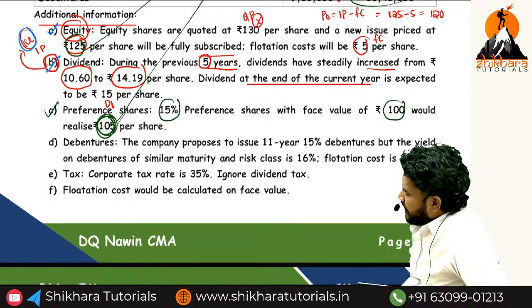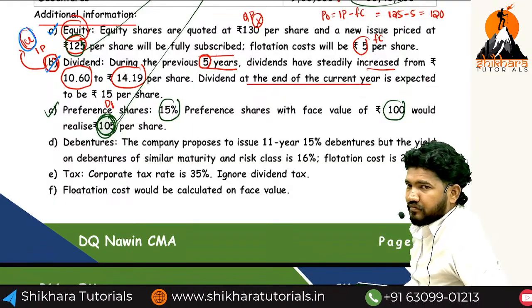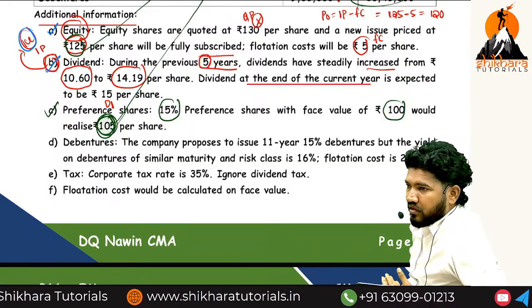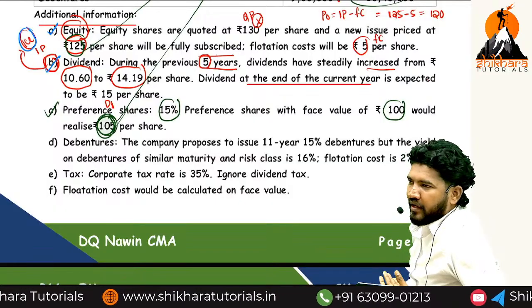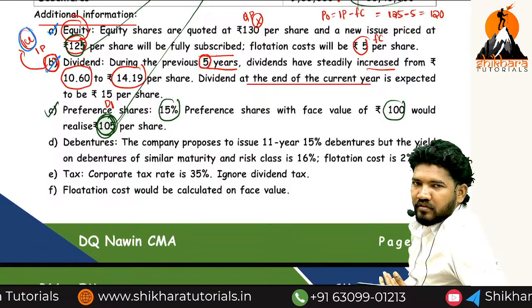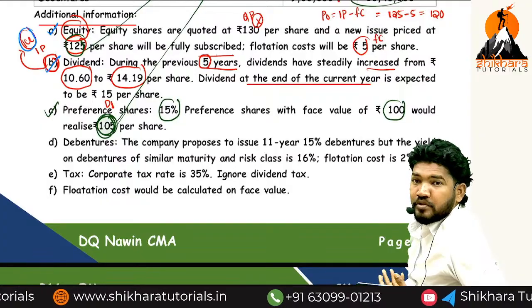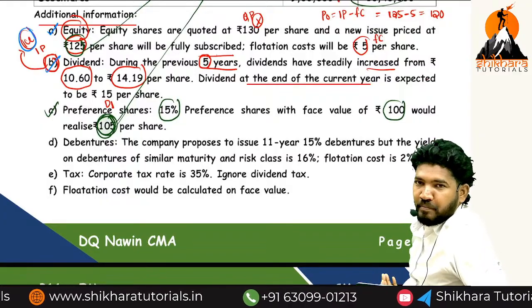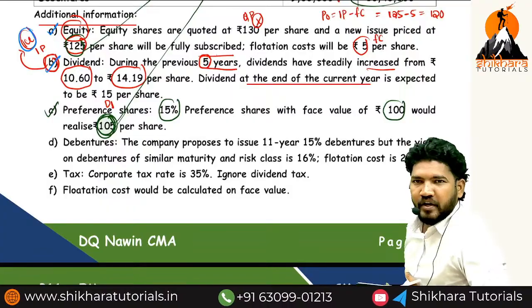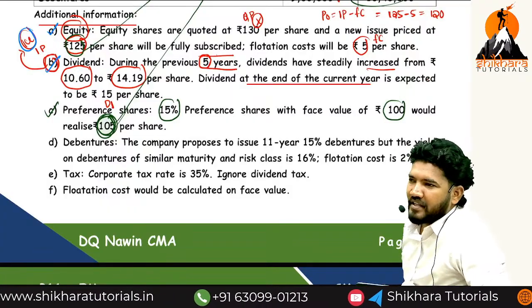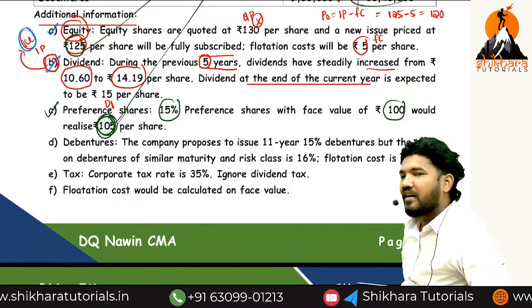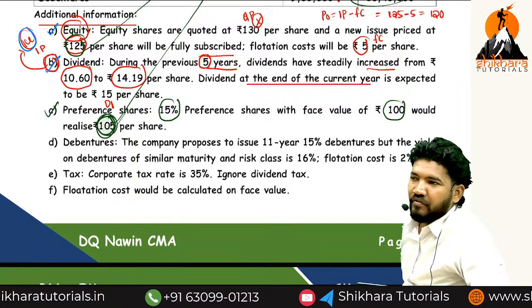You can observe point number F. This is also one of the note points we learned. Flotation cost we sometimes apply on issue price. If the flotation percentage is given, I said in CA materials they will consider it on issue price.